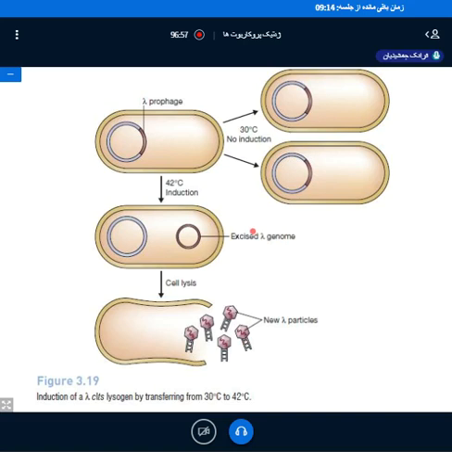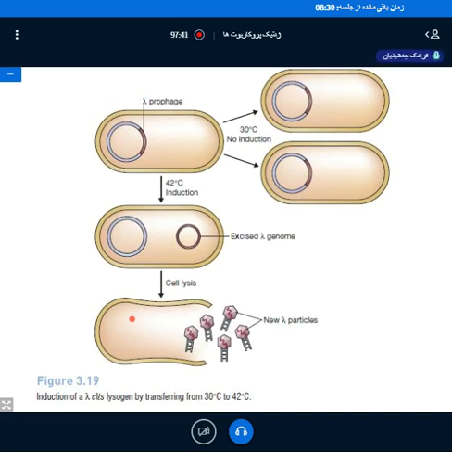Okay, listen to me and answer my question. If we want to extract the phage, which phase do we want? We want our phage to be in lysogenic phase or in lytic phase. Why, Fatima?